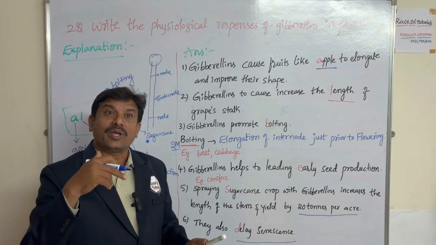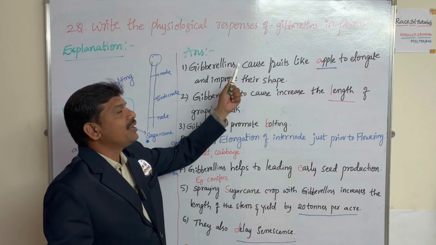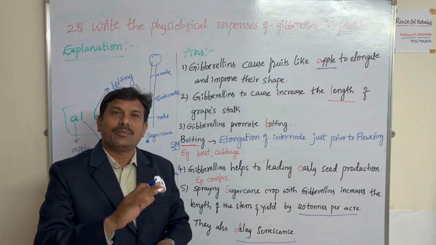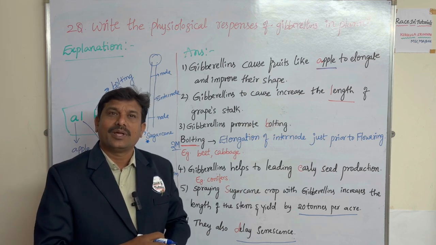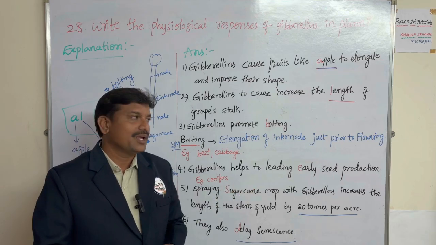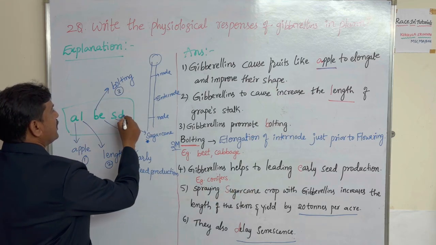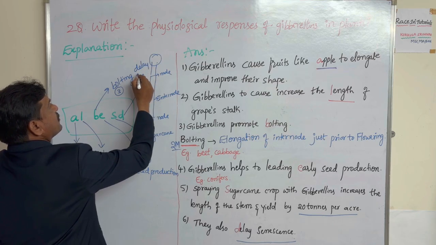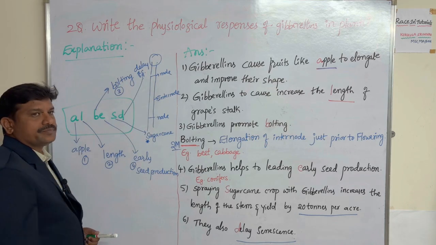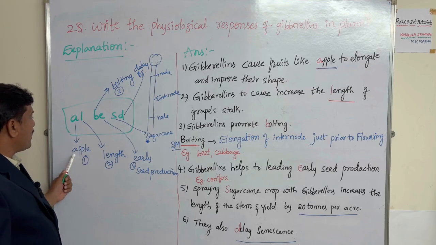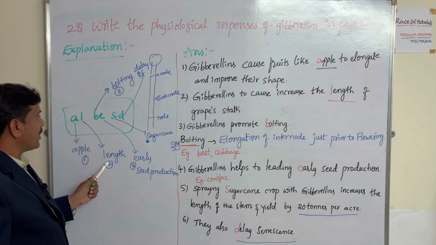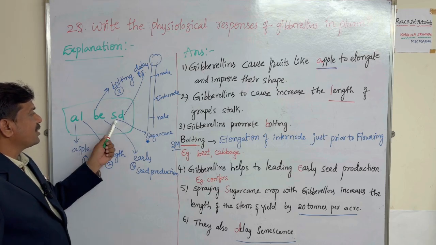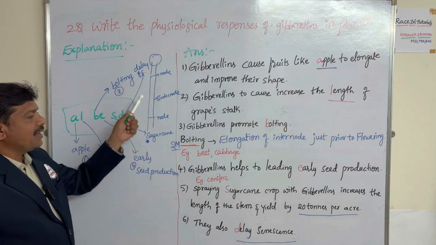Gibberellin does that. They do not change from green color, and they keep showing photosynthesis. So D means delay of senescence. So A for apple, L for length of grape stalk, B for bolting, E for early seed production, S for sugarcane, D for delay of senescence.